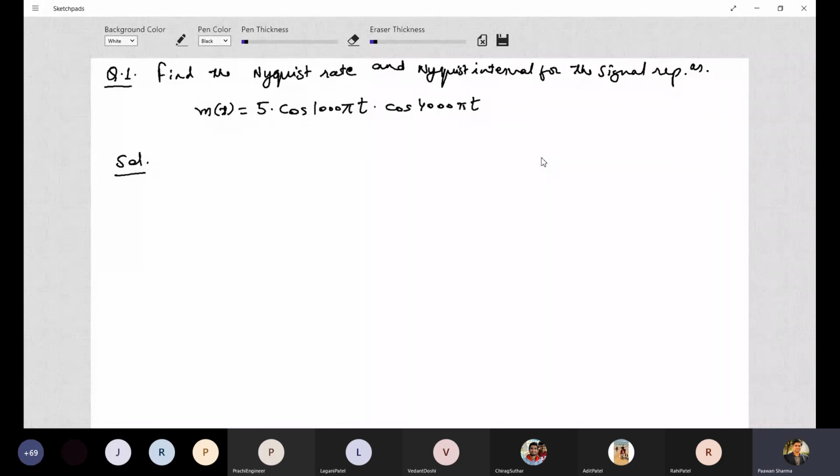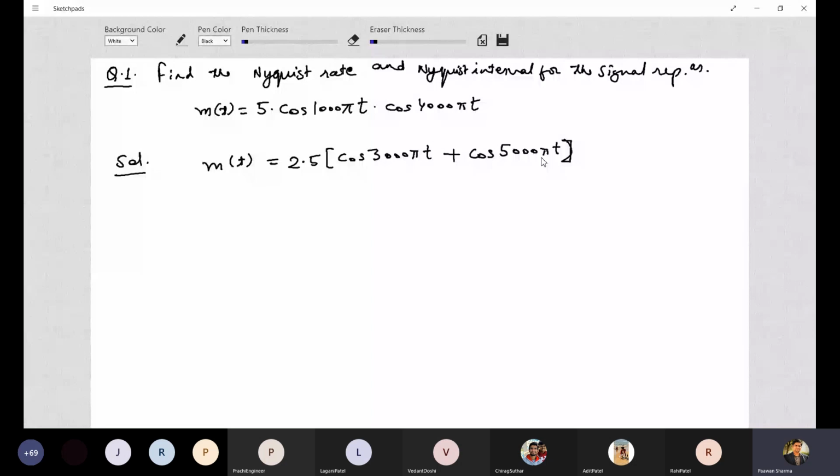So the same m(t) we can write using the trigonometric formula as 2.5 [cos 3000 pi t plus cos 5000 pi t]. I think this is very simple, clear to you?